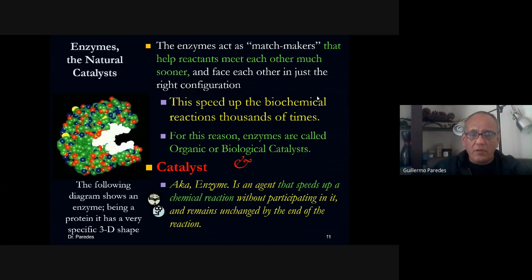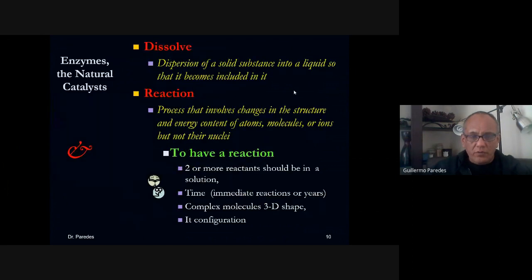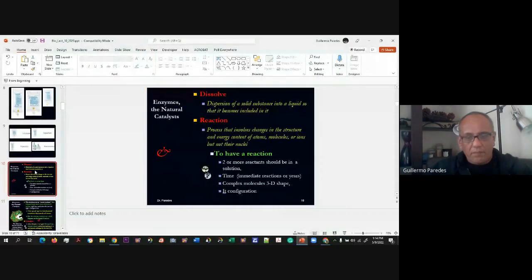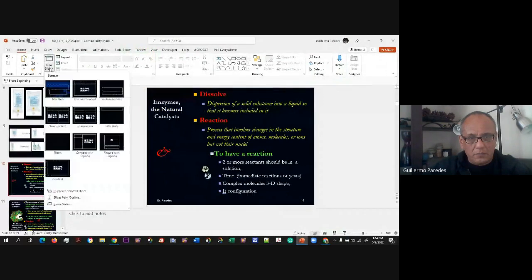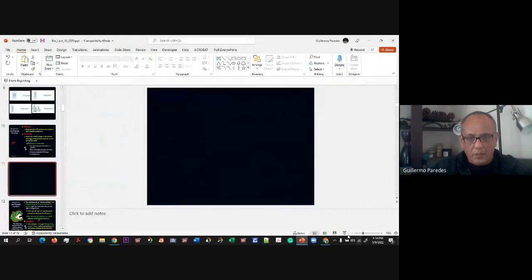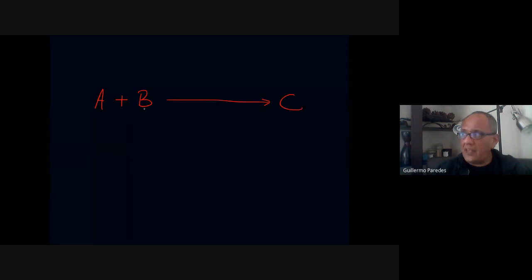For this, we are going to see a few things here. So in general, if you have substrate A, reactant or solute, plus B, they are going to produce a substance C. For this, you need an enzyme.